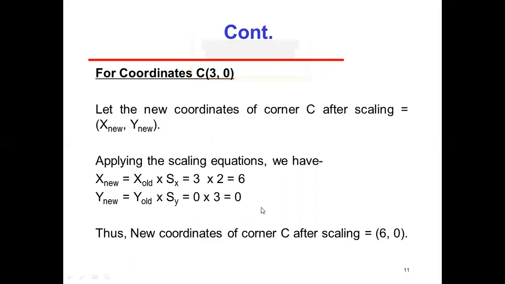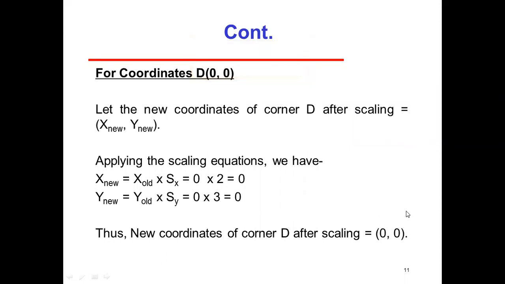Now we will get 6 comma 0. Thus the new coordinates of the corner C after scaling are 6 comma 0. So we get the final coordinates by using these two equations as 6 comma 0.